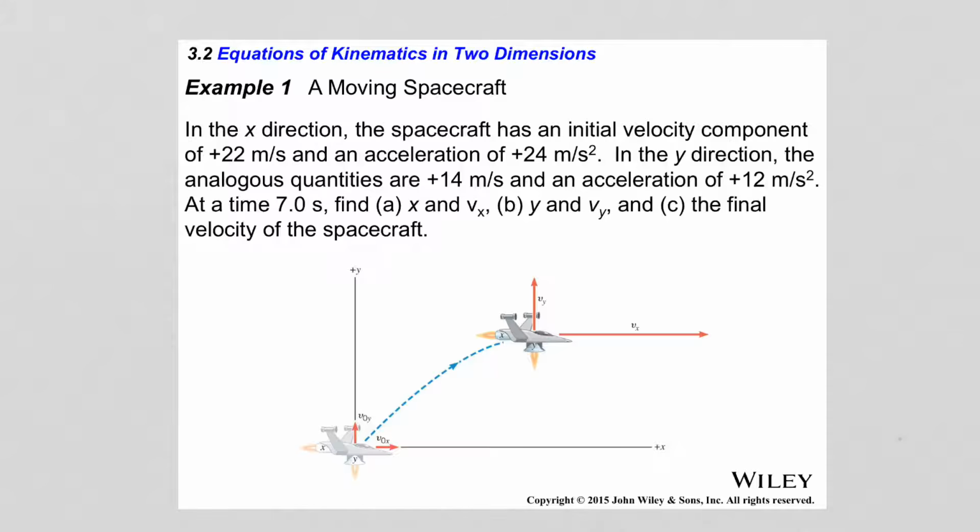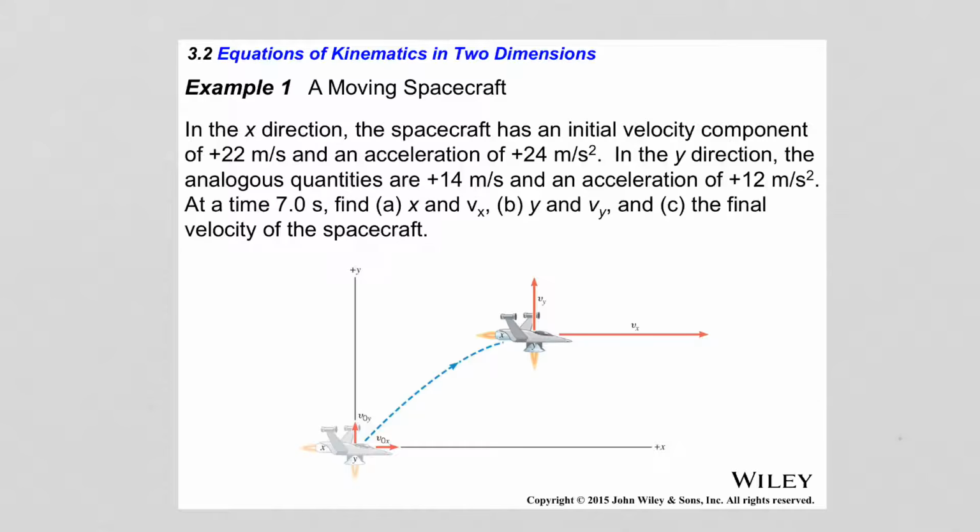In the x direction, the spacecraft below has an initial velocity component v0x equal to 22 meters per second and acceleration of 24 meters per second squared. In the y direction, the analogous quantities are v0y equal to 14 meters per second and an acceleration of 12 meters per second squared.